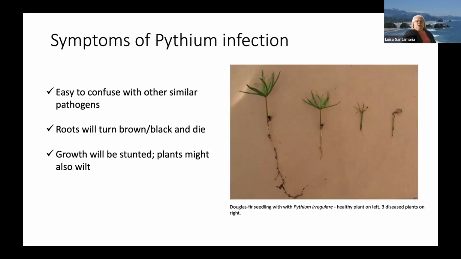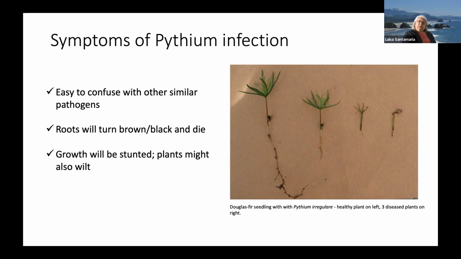You continue with this. This is a conifer. This is a Douglas fir seedling. You can see different stages of infection caused by Pythium. I have seen Pythium more in conifer production, in production of conifer seedlings. That's where I have seen more Pythium.